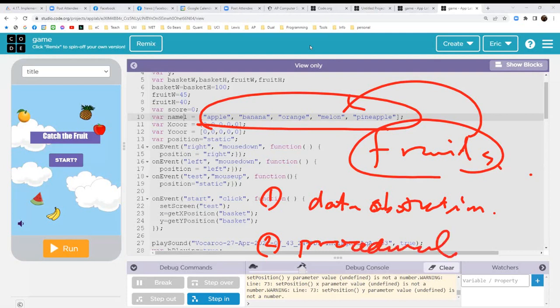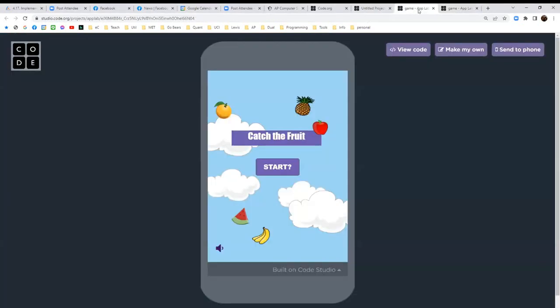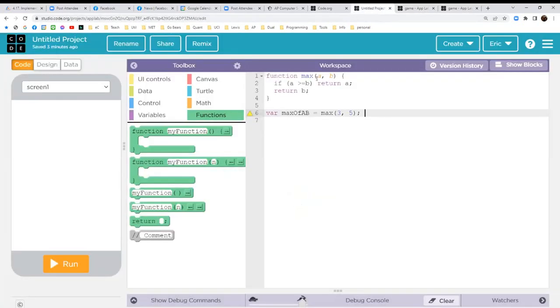What's procedural abstraction? It is like this one. This is some function, some procedure. I use a name called maximum. This one will find the maximum between a and b.